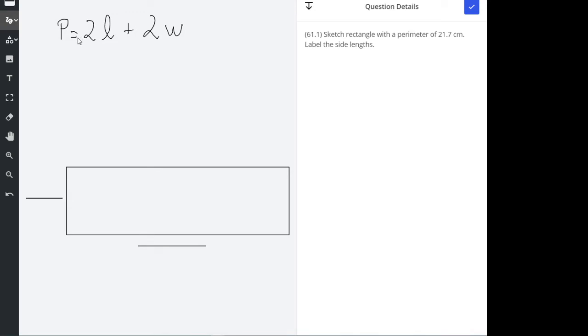I need to figure out a number by adding together all the sides. I got 21.7. Oh, mister, how can I solve this one? For example, you label your length as 5 centimeters. Okay, I labeled my length as 5 centimeters. Then let's solve here.